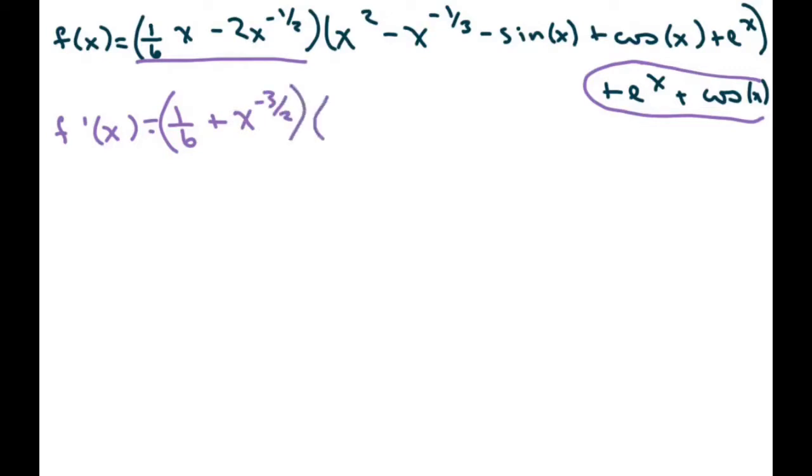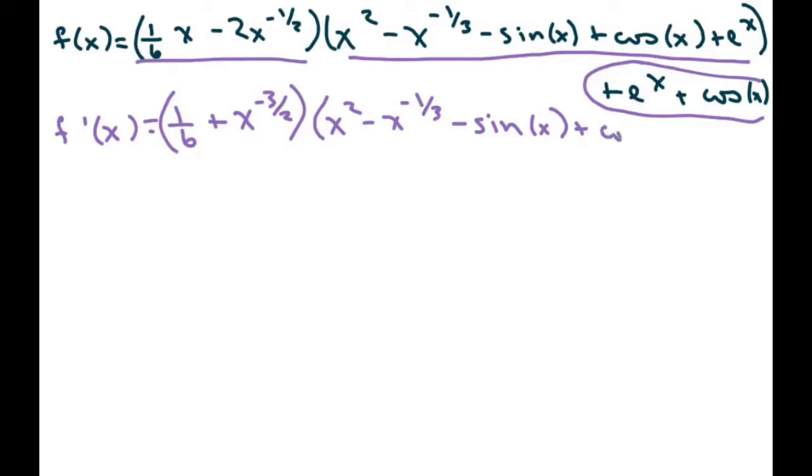Then you just copy down this whole piece here, which is going to be x squared minus x to the negative 1/3 minus sine of x plus cosine of x plus e to the x.